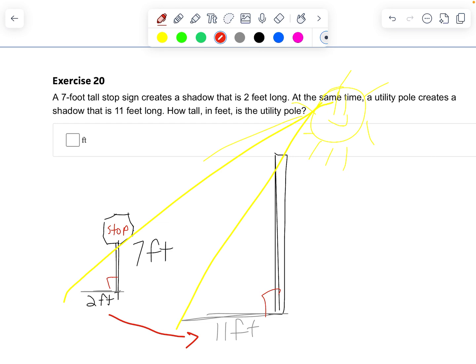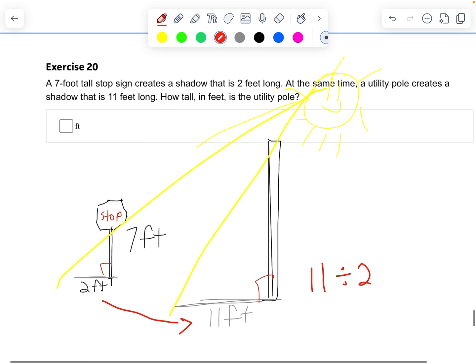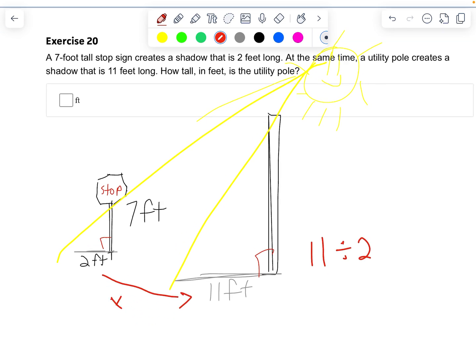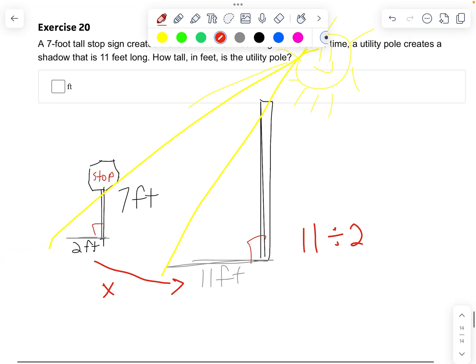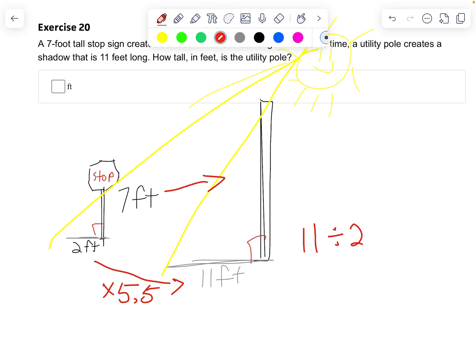What's 11 divided by 2? 11 divided by 2 is 5.5. So that's our number, we multiply by 5.5. Well, if we do that for the 2 feet side, it should work if we do it for the 7 feet side. So let's take 7 times 5.5 and see what we get.